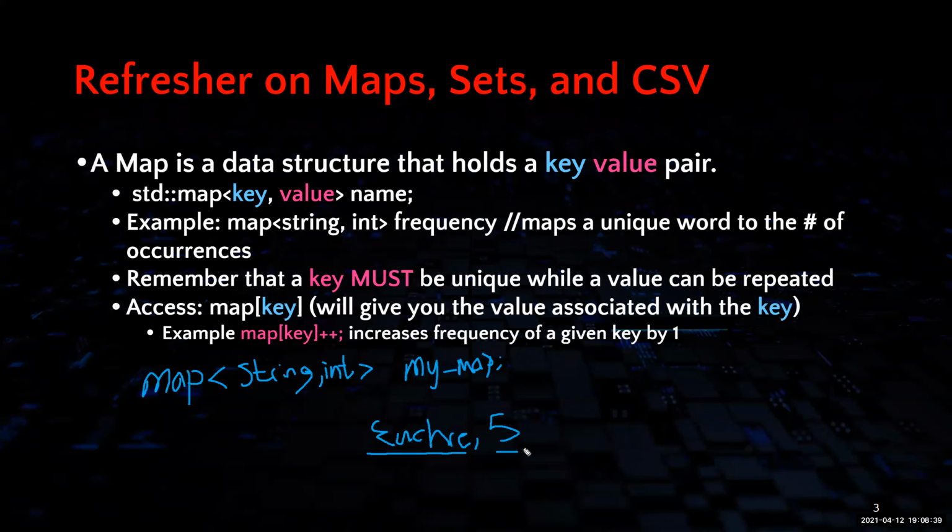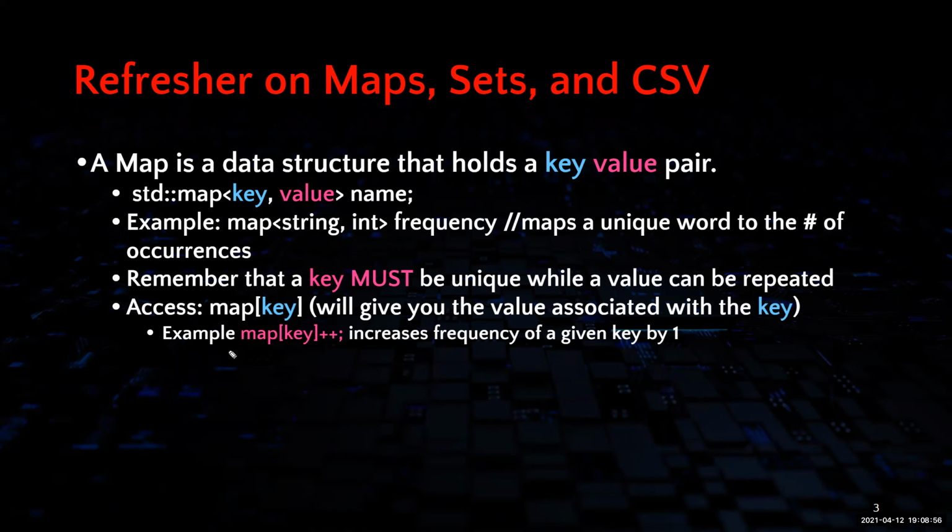So a map is basically saying, okay, I have this key right here, and associated with that key is going to be a value. Values can repeat as many times as you want. So let's say all my values happen to be 5. That is completely fine. A value doesn't have to be unique, but a key does. In our project, the main purpose of a map is essentially to hold the unique structure we want to find, in our case a word, and the value can be whatever we want it to be.